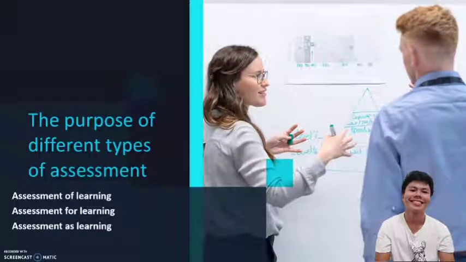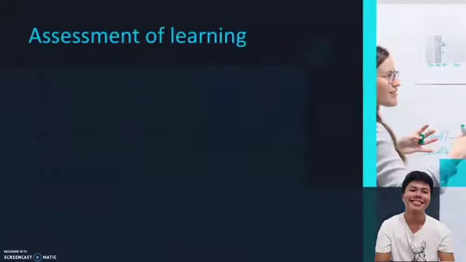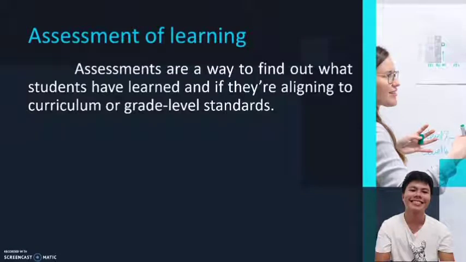The purpose of different types of assessment. Assessment of learning. Assessments are a way to find out what students have learned and if they are aligning to curriculum or grade level standards.